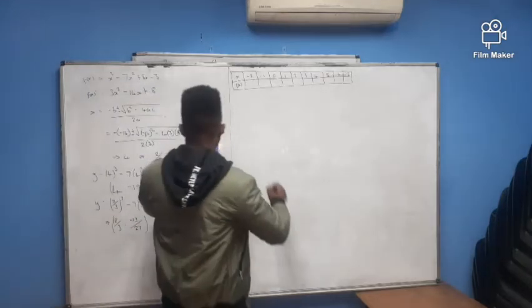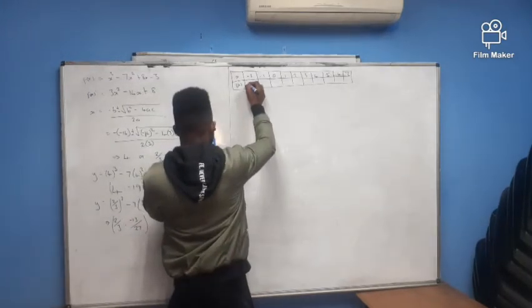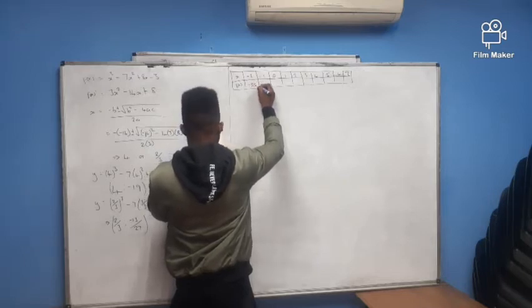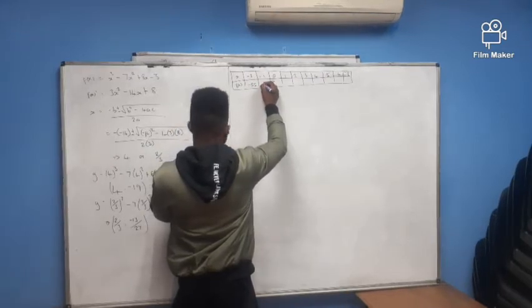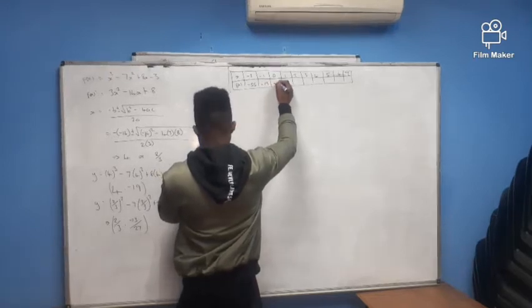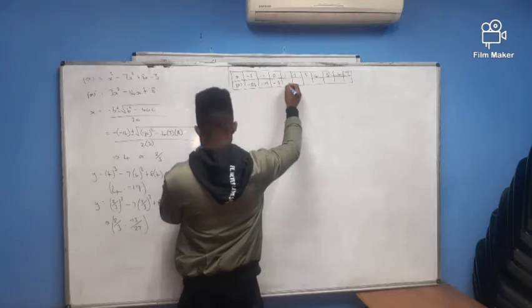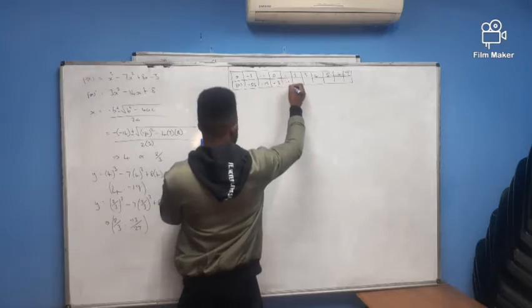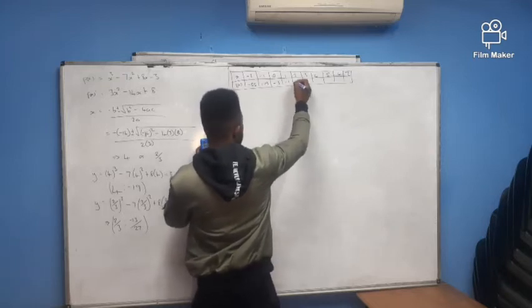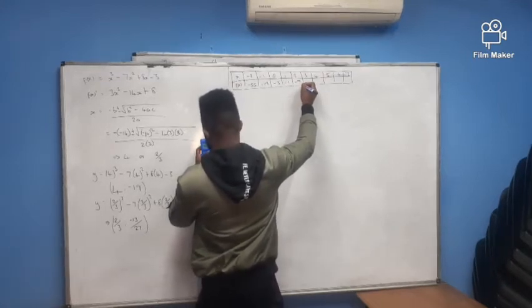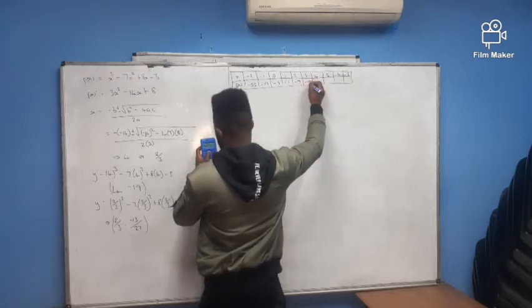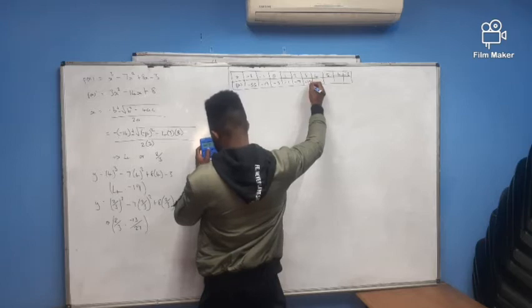So I just put my values: this one is -55, and then -19, then -3, 1 and -1, and then 2 and -7, and then 4 and -19, and then 5 and -13.